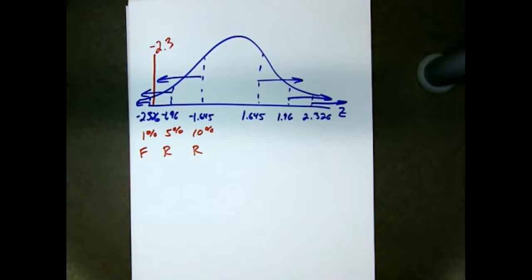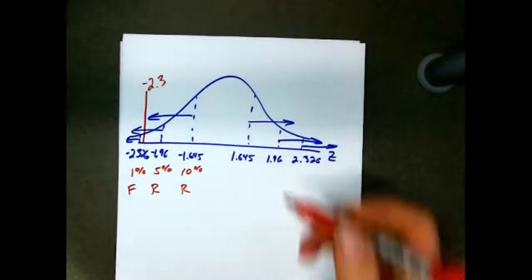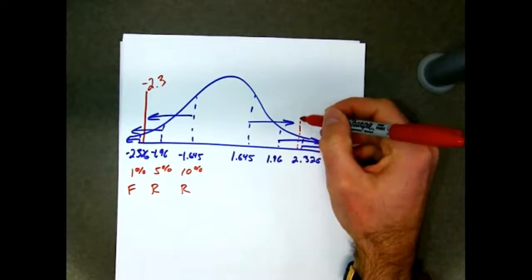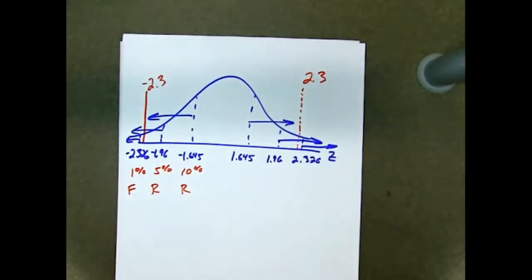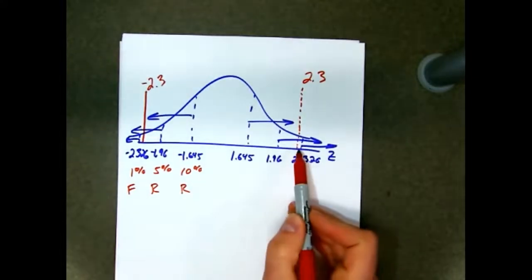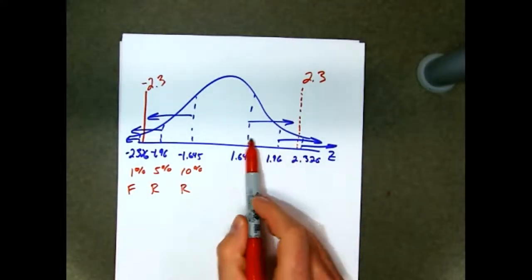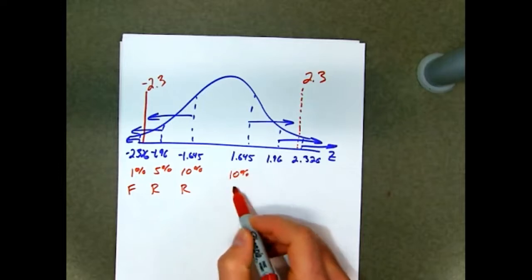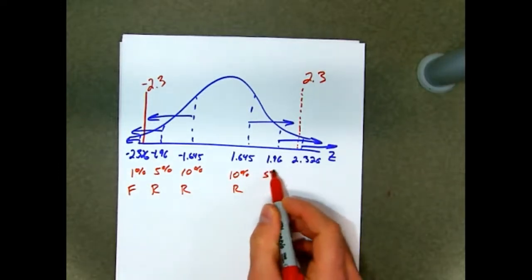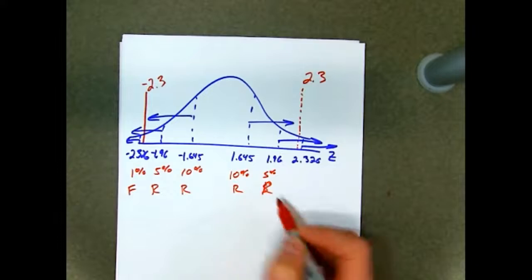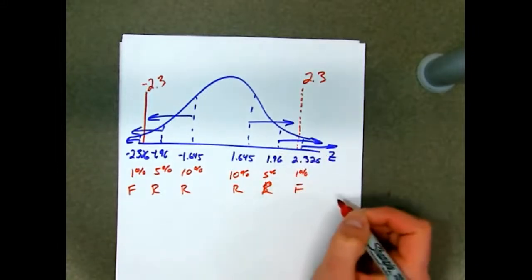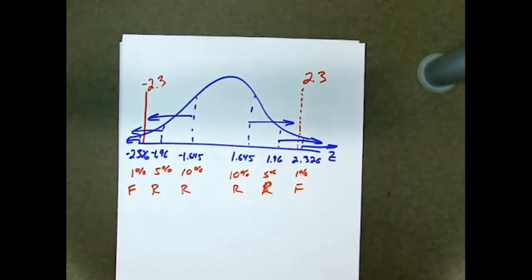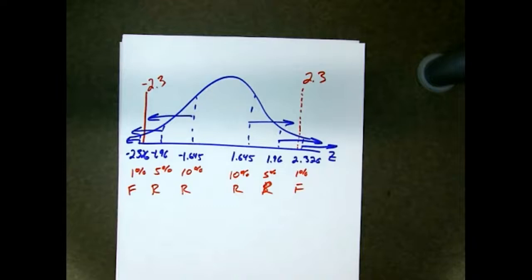So if it was positive 2.3, that's a good point. Because we had a two-tailed test, seeing positive 2.3, I'm in the rejection region at the 10% level. I'd be in the rejection region at the 5% level, but I'm just barely not in the rejection region at the 1% level, right? So for a two-tailed test, I only see one sample mean, so I'm only going to have one test statistic.